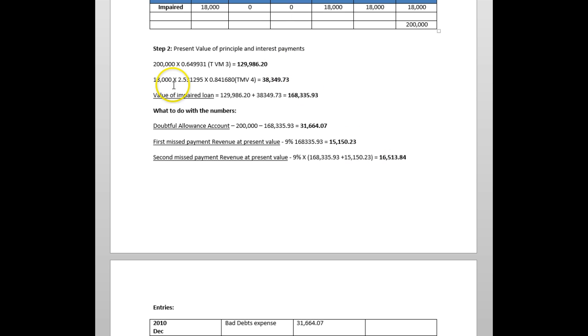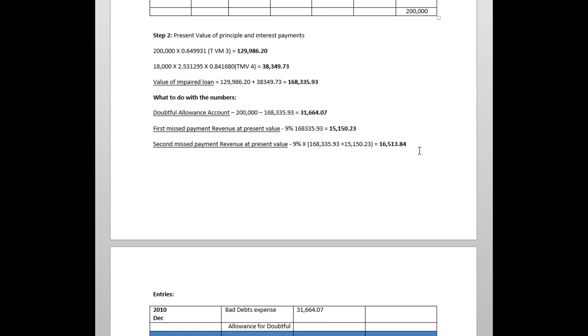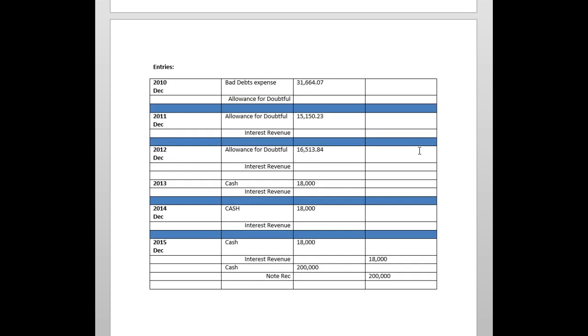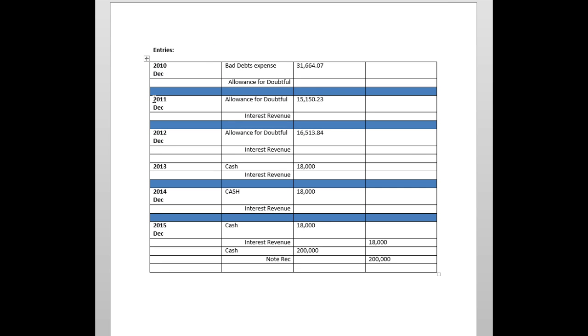Now you have all of your numbers you need for the entries. So let's move down here and get it started. On December, when you find out the loan is not going to be paid on time, you set up a bad debts expense. This is the amount that's being deferred. You're going to credit an allowance for $331,664.07. That sets up your doubtful allowance account.